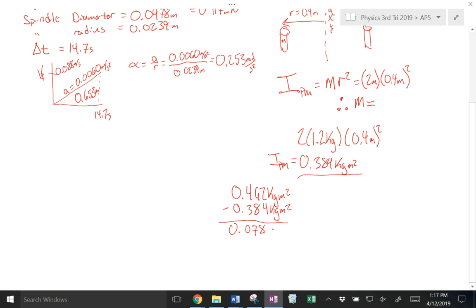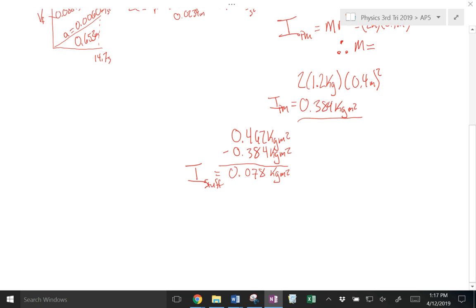Is that right? 0.078 kilogram meters squared. Fans of math? Okay. So that means the moment of inertia of the stuff is 0.078 kilogram meters squared. Stuff. So everything that you see over there still. The bits that we're spinning that aren't these two things.